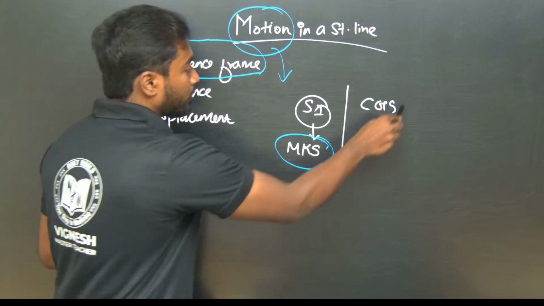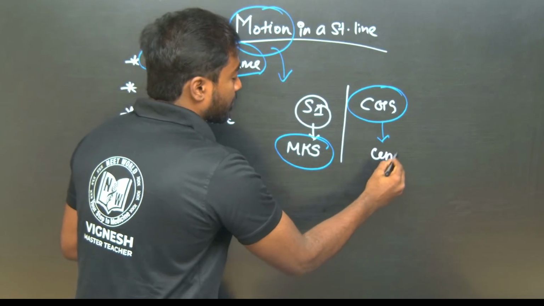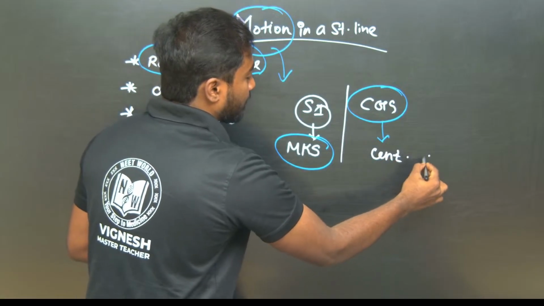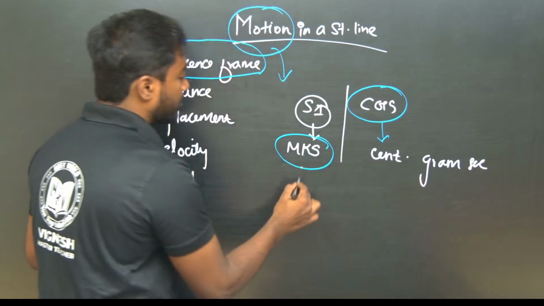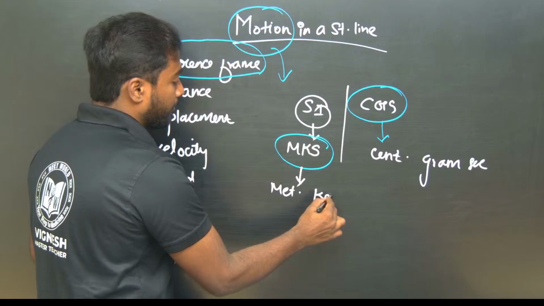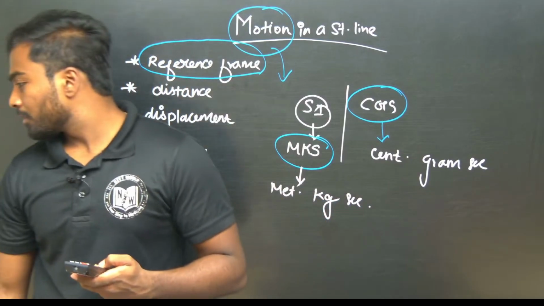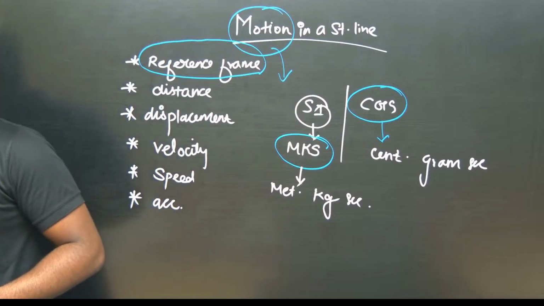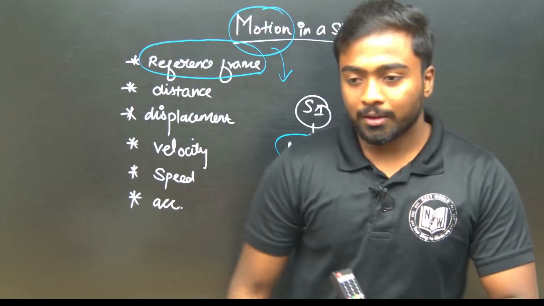This is centimeter, gram, seconds, and this is meter, kilogram, seconds, right? This is the thing we have seen.